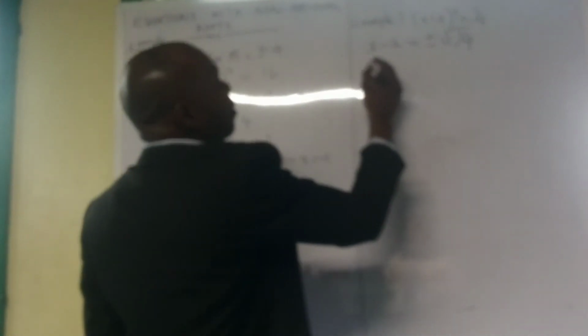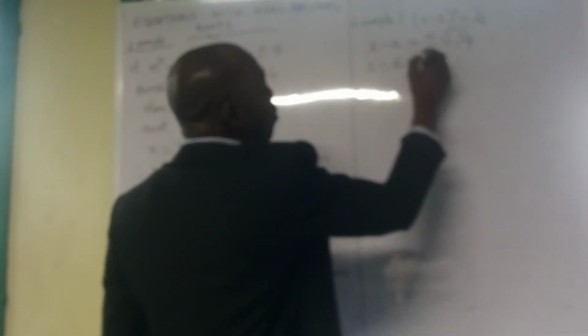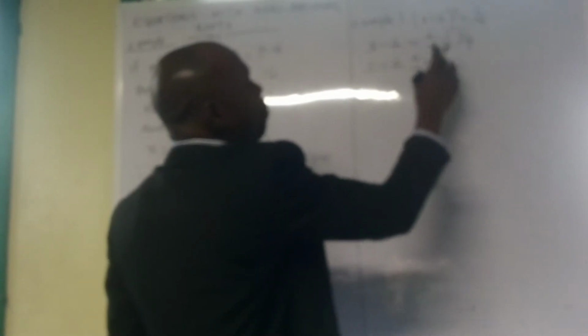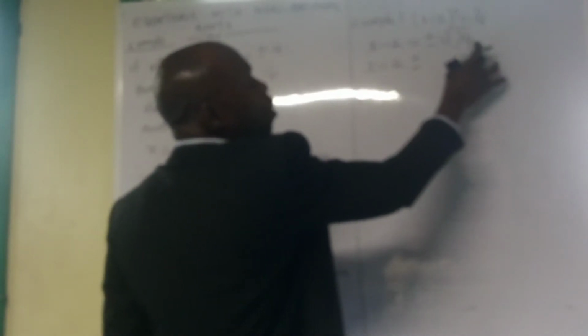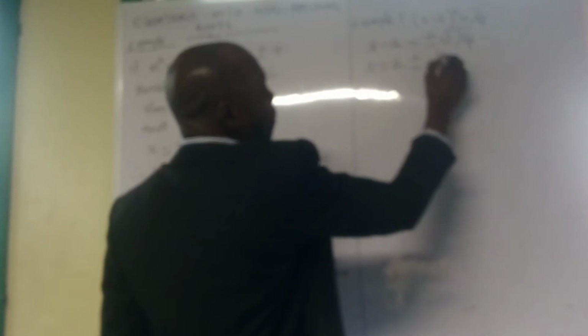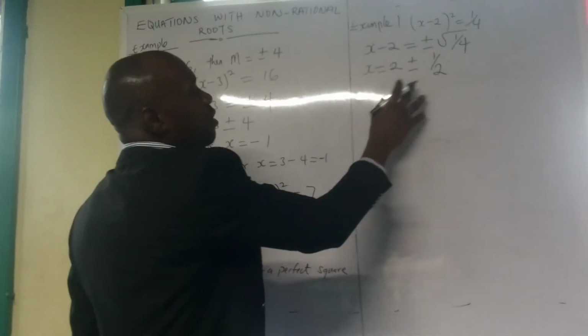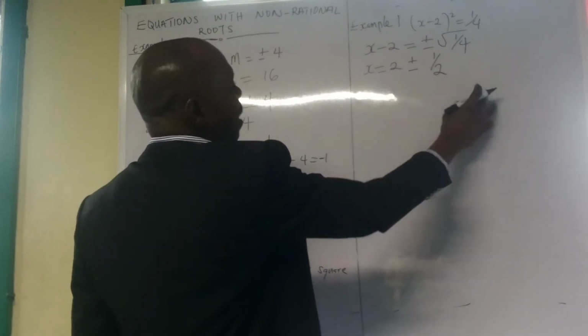Then x equals 2 plus or minus, instead of looking for raised to power again, the square root of 1 over 4 is half.